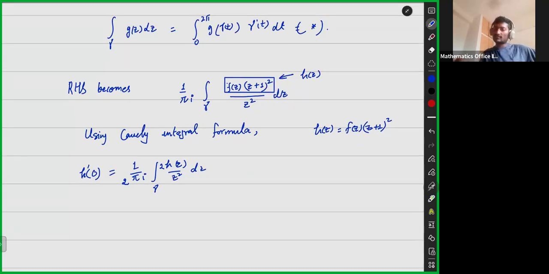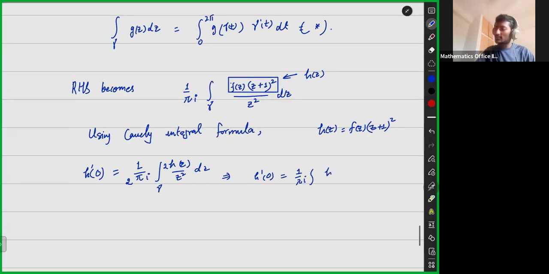Using this, what we get here, h prime at 0 is nothing but 1 upon pi i integral of h(z) divided by z square dz over gamma. I think it is fine, right?